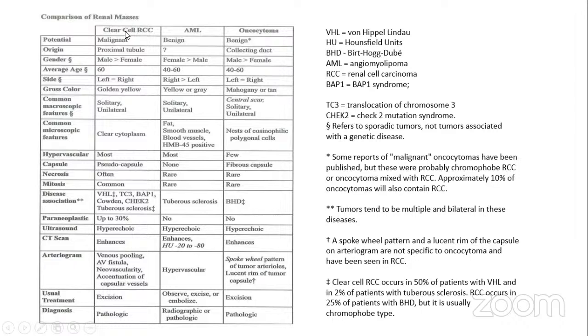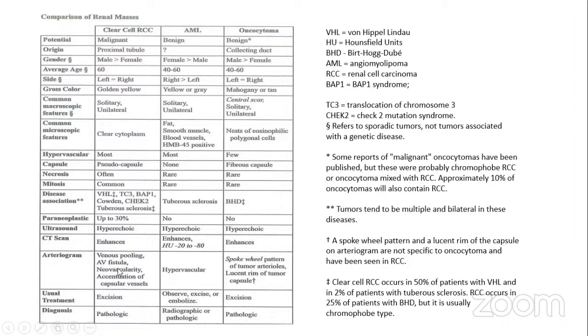Up to 30% of clear cell have paraneoplastic syndrome, but angiomyolipoma and oncocytoma have none. Ultrasound is hyperechoic for all. On CT scan, all of these renal masses enhance, but remember angiomyolipoma is negative, with a Hounsfield unit of minus 20 to minus 80.